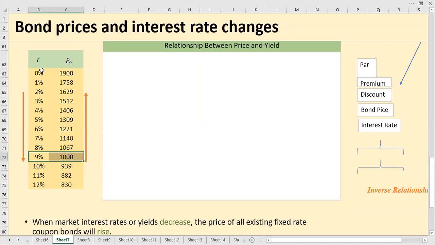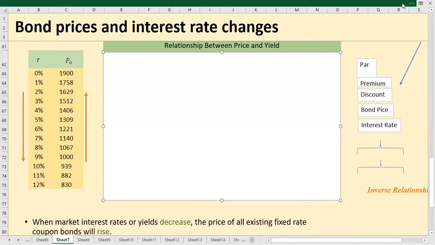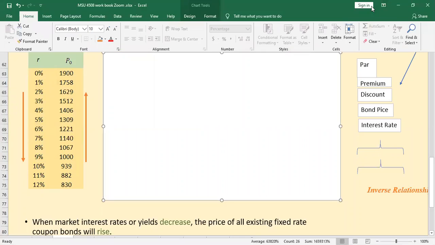So let me put these values in a graph, so you can easily understand what is going on. I'm going to select this graph, and I'm going to put these values into this graph.